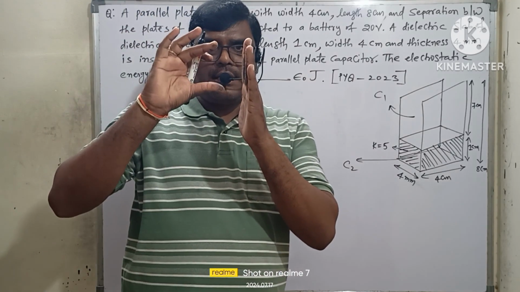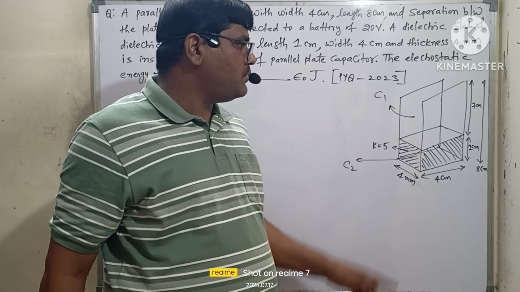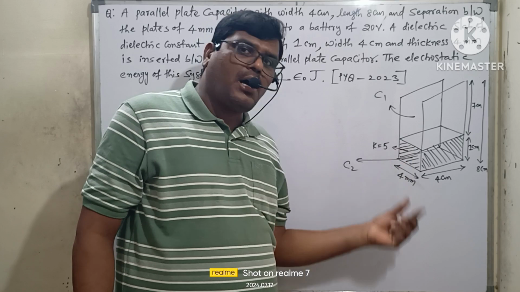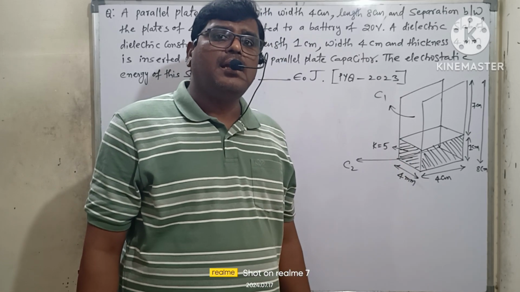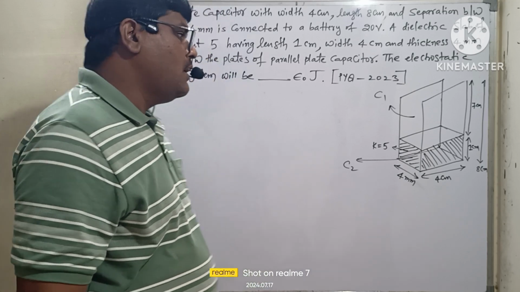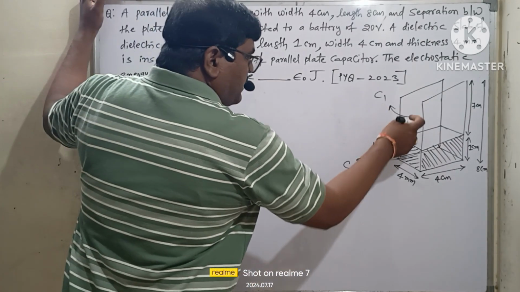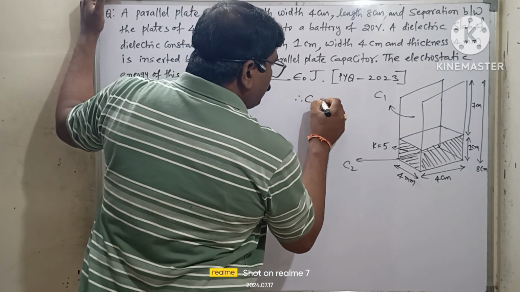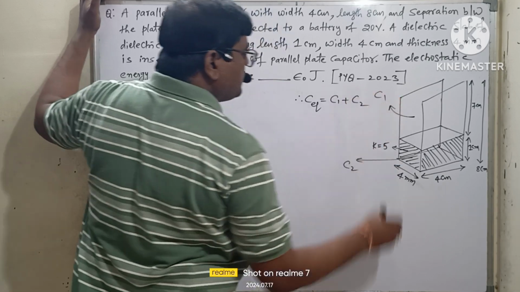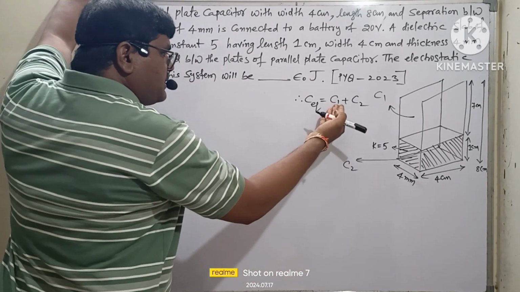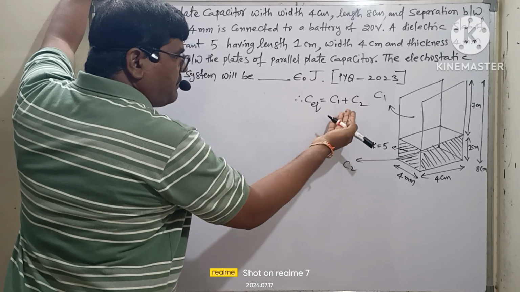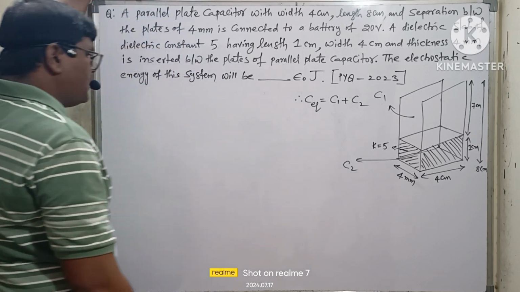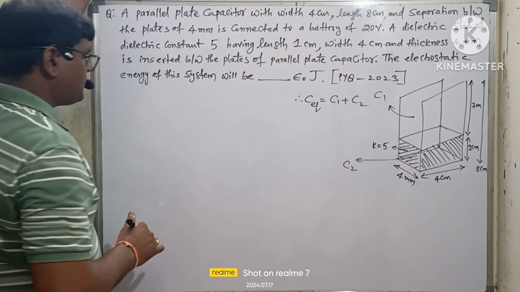These two are in parallel. So the equivalent capacity is C equivalent equals C1 plus C2. If we find C1 and C2, we can directly add them to get C equivalent. What we do after that, we will discuss later.